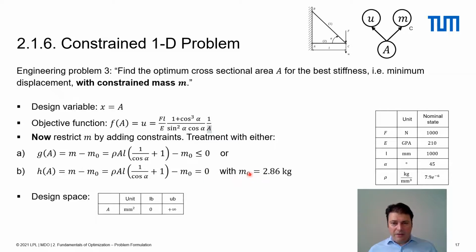And our reference mass, the value which the total mass should assume, is 2.86 kilograms. And again, we specify a nominal state for all those variables that we do not change.